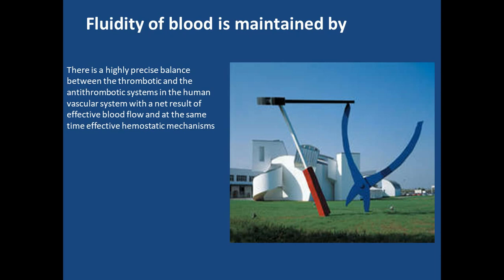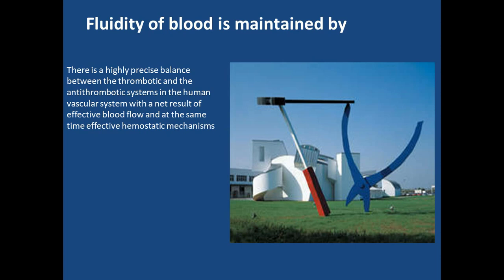The blood needs to flow freely in the small tiny capillaries, and this needs the blood to be in a constant fluidity state, not to clot when it passes through, and this is maintained by the anti-thrombotic system.